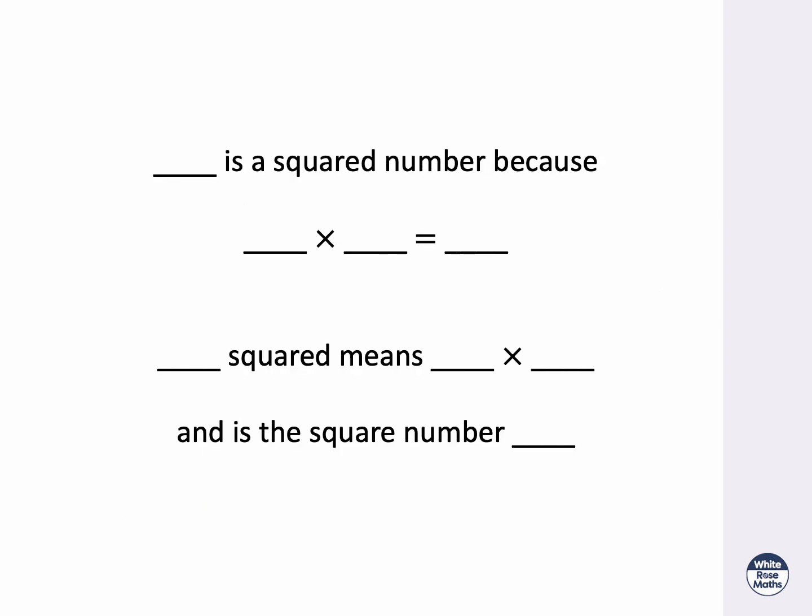So something is a square number because, for example, 4 is a square number because 2 times 2 equals 4. So when you multiply a number by itself, the result of that answer is what I call a square number. So 4 is a square number.